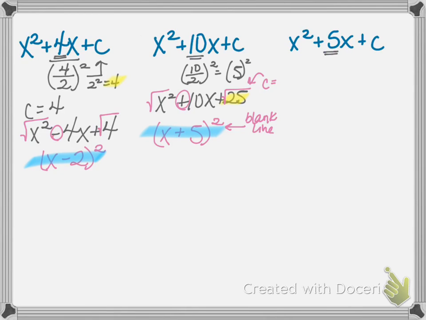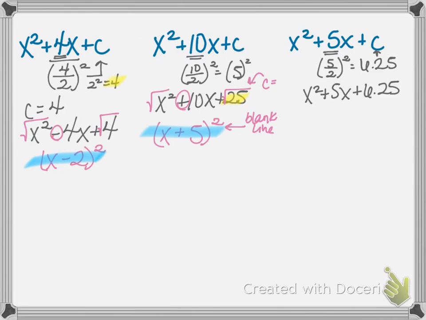Even though it's not even, I'm just going to take 5 divided by 2, and I'm going to square it. 5 divided by 2 is 2.5, and then 2.5 squared gives me 6.25. So 6.25 is what we're going to put in this position. So we can rewrite it, x squared plus 5x plus 6.25.